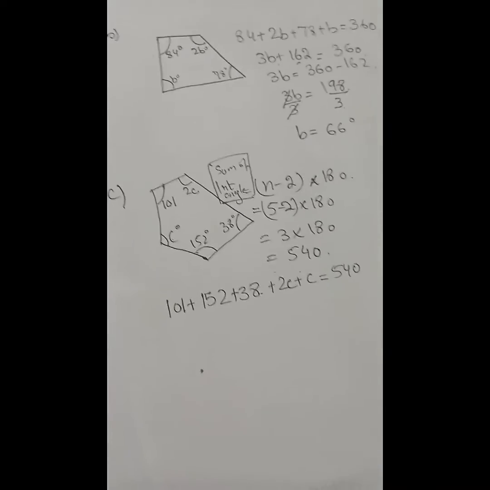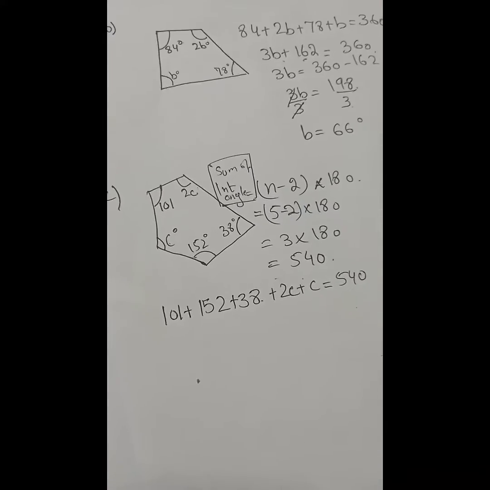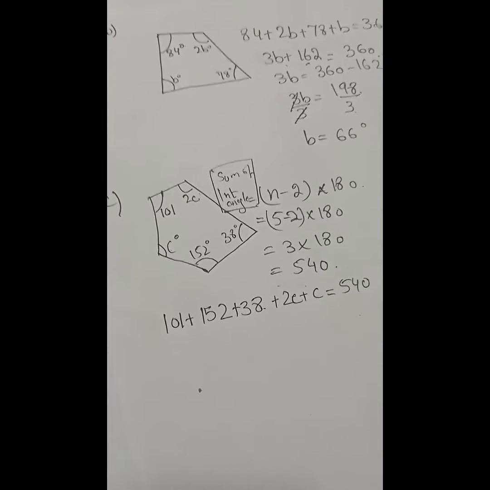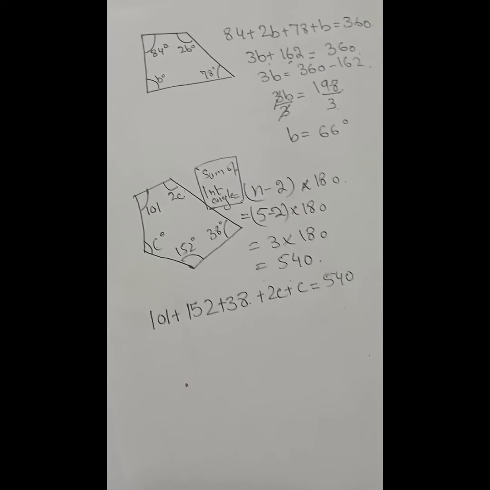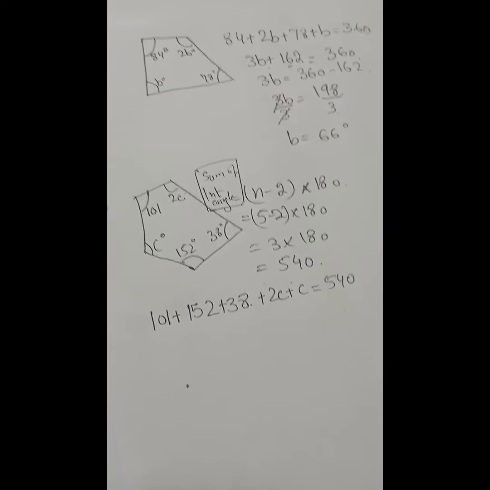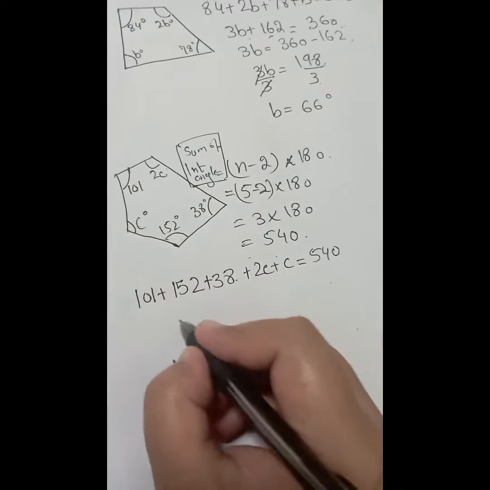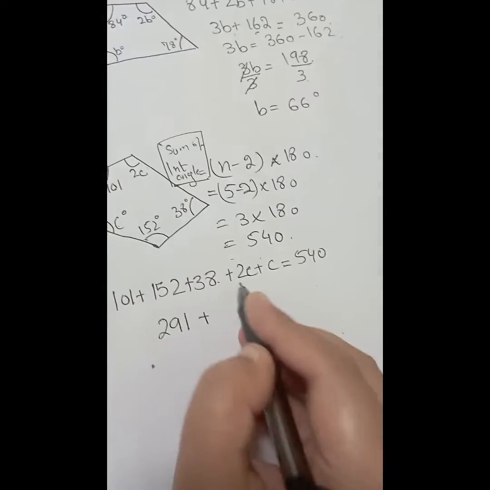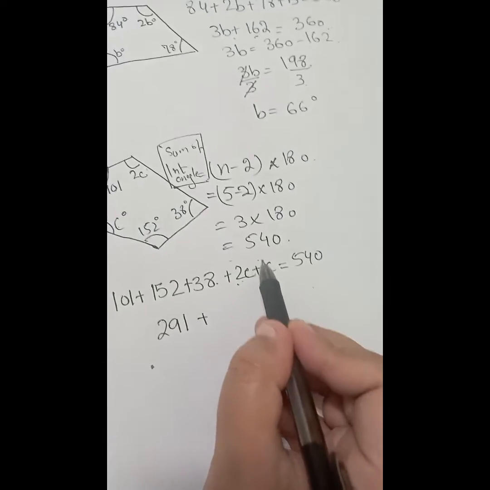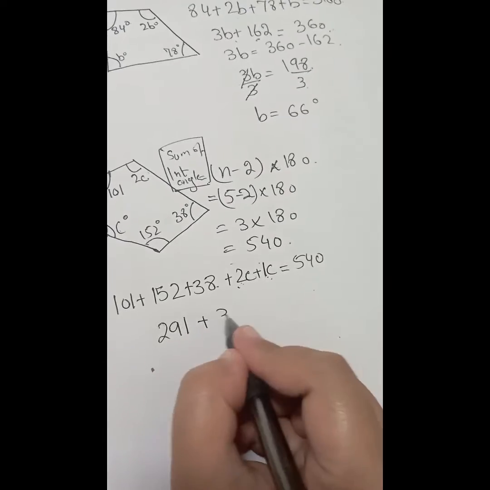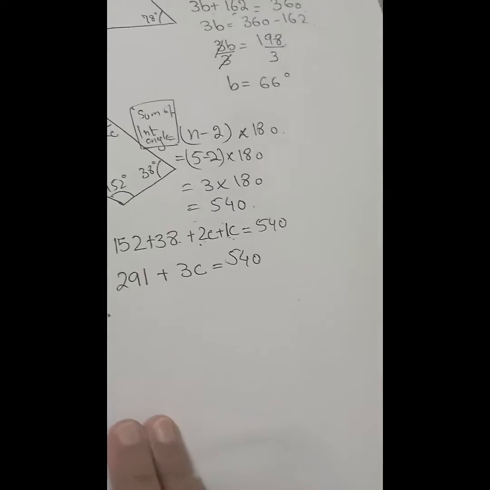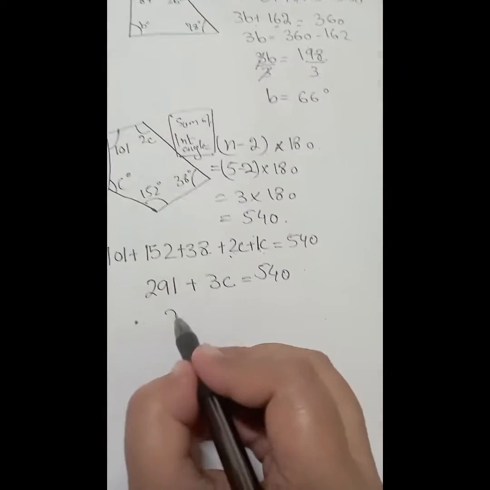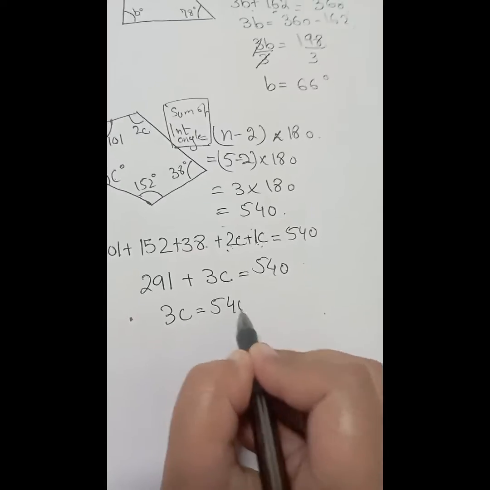So let's add them all. It's going to be 101 plus 152 plus 38, and the answer is 291, plus 2c and c, because c has no coefficient, so it is 1, so 1 plus 2 is 3c, equal to 540. Now let's take this 291 to the other side, and it will become 3c is equal to 540 minus 291.